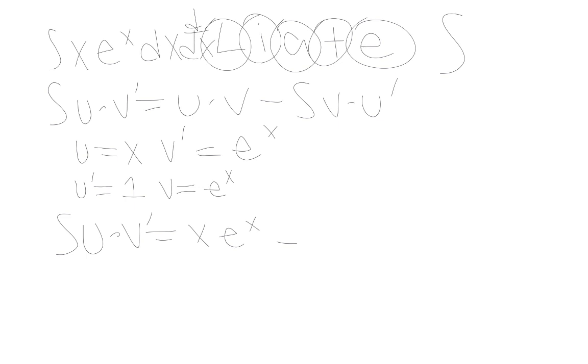And v is e to the x, u prime is 1, so this is the integral of e to the x dx. And I'm going to integrate this now, and I will end up with x e to the x minus e to the x plus c. And we are done evaluating this integral here.